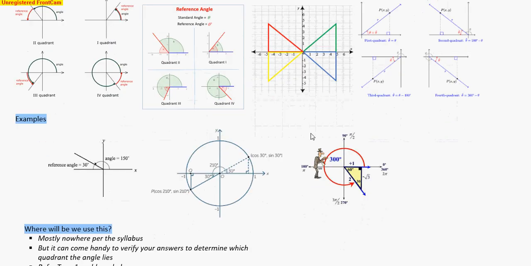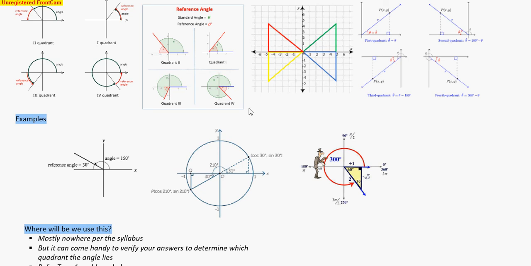For example, over here, I'm trying to find the value of, let's say, cos 210 degrees. I just want to know the value of cos 210. The first thing is, I know that 210 is greater than 180 and less than 270, so it's going to fall in quadrant 3.